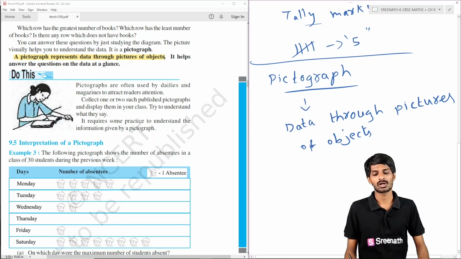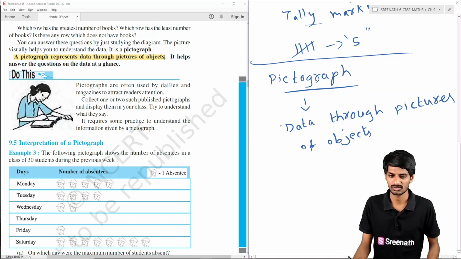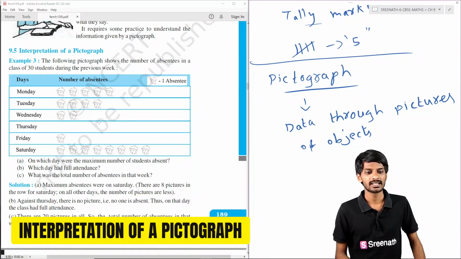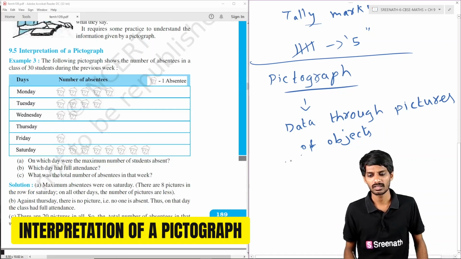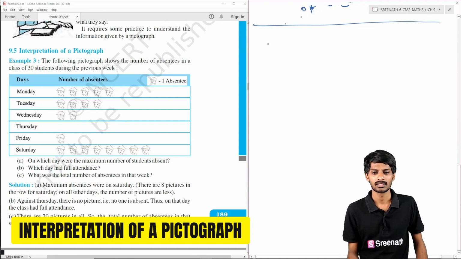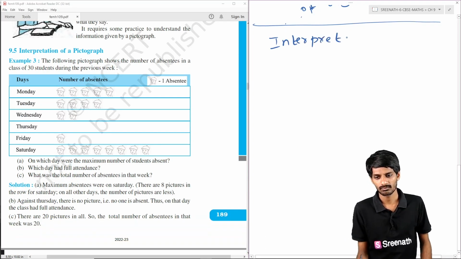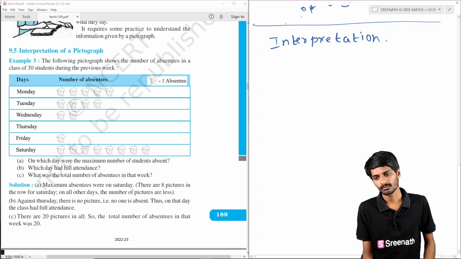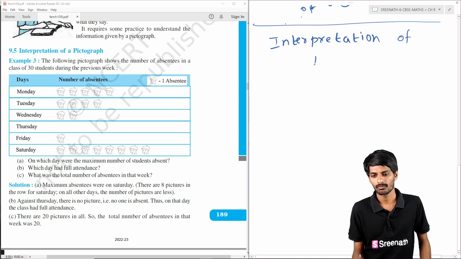So pictograph represents the data through pictures, students. Next thing is interpretation of a pictograph. How will you interpret pictographs? Interpretation of pictograph.